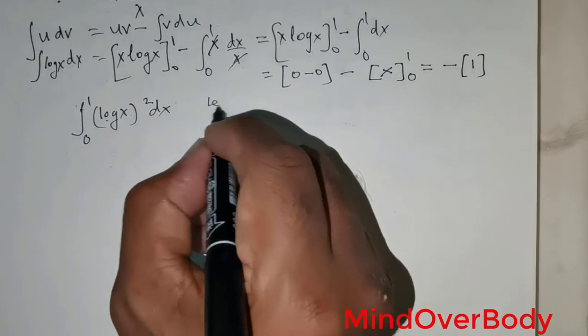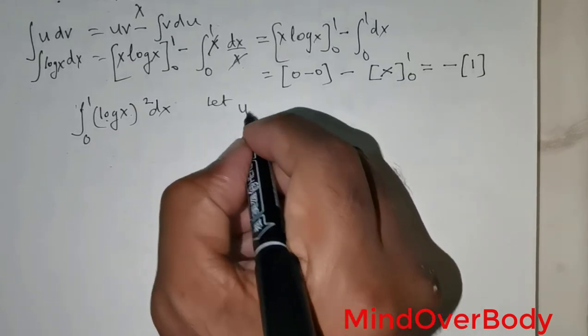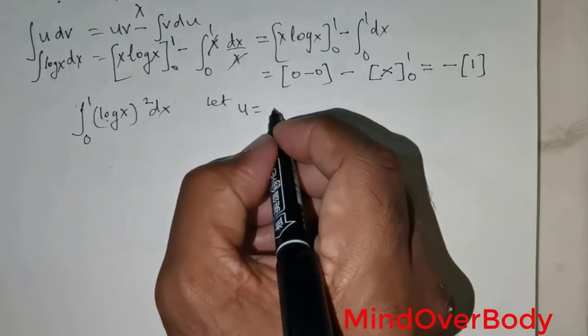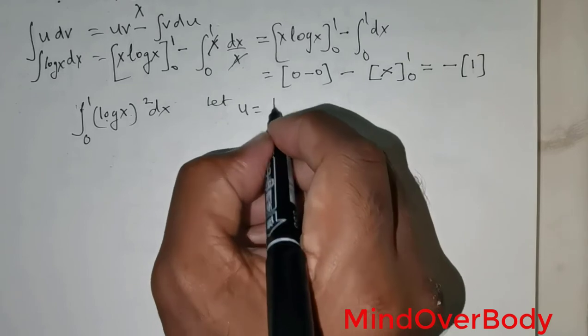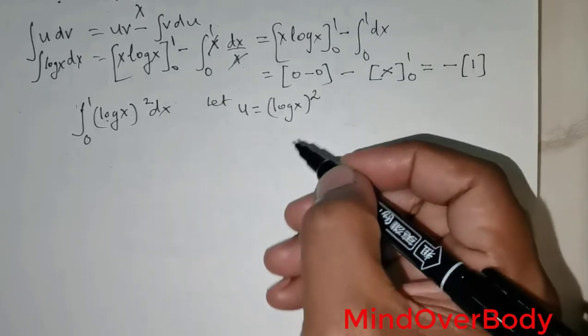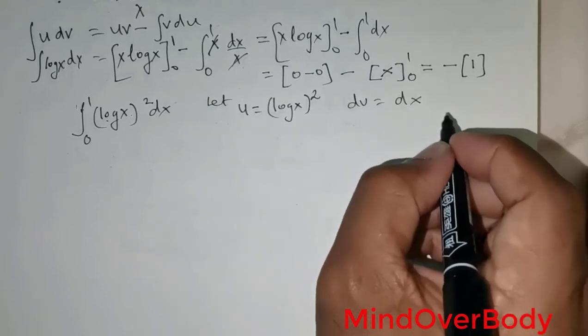So as usual, what I would do is I would just take, let u be equal to this quantity, so this is going to be log x raised to the power of 2, and my dv is going to be equal to dx.